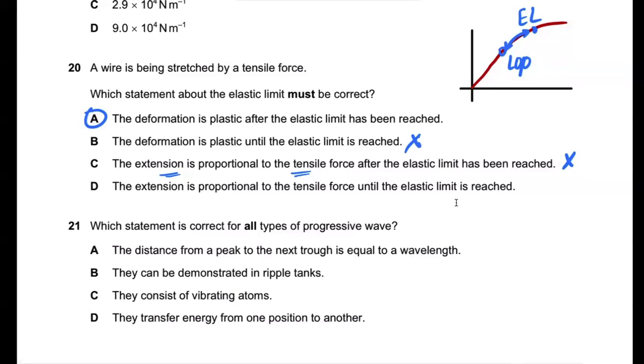But a wire can also be elastic after this, right? So it's not like it's just proportional up until the elastic limit. It can also be proportional after this one. So that's why D is wrong. The only correct one here is A, which is always universally true.